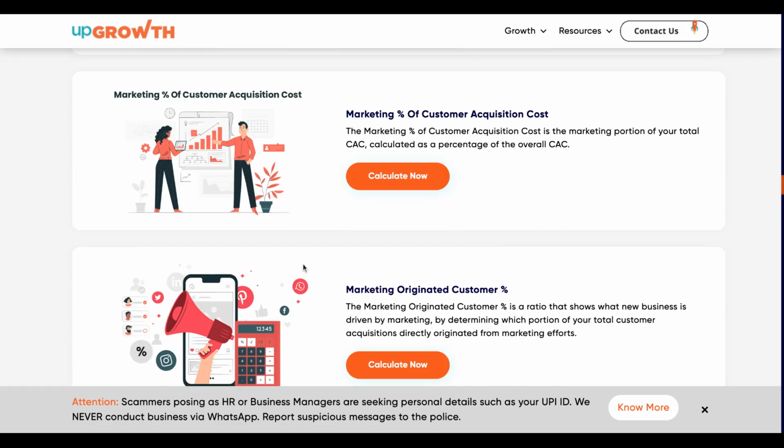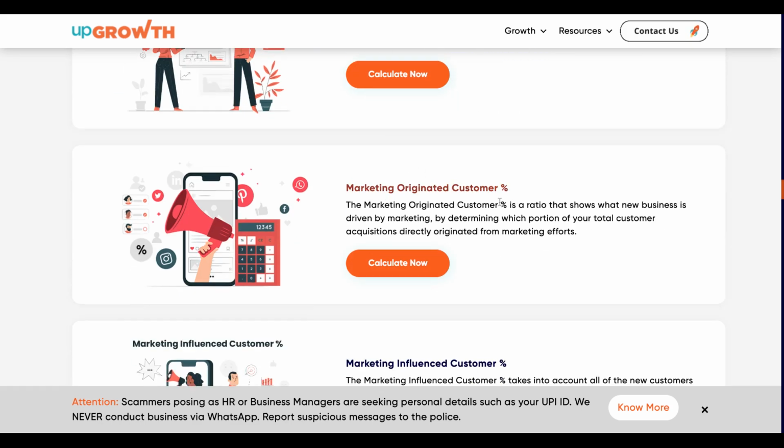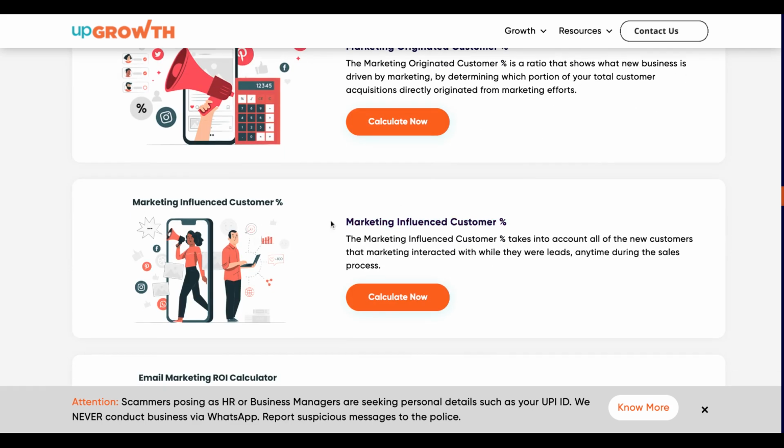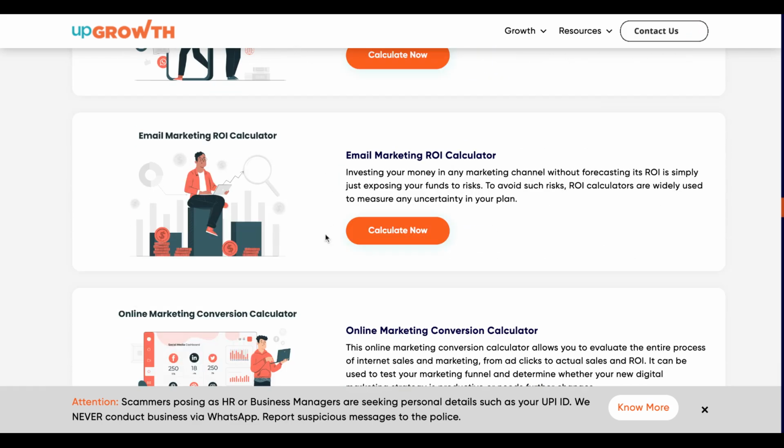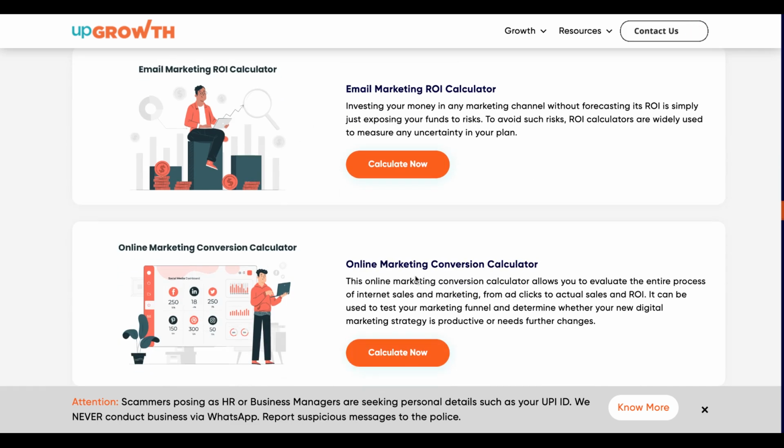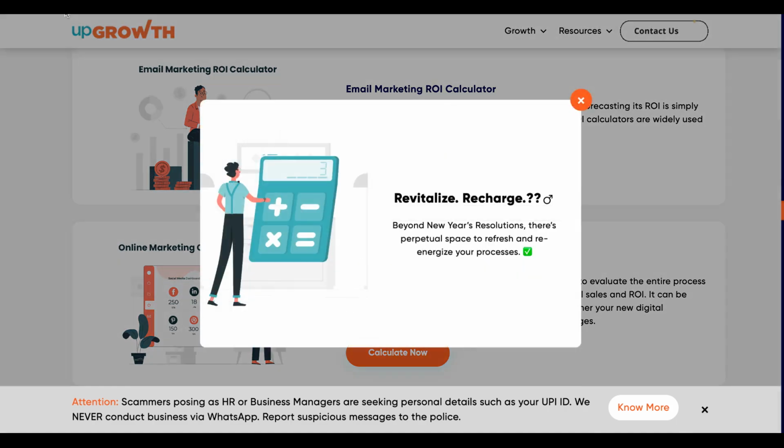So you can check out marketing percentage of customer acquisition cost that we are currently visiting, marketing originated customer percentage, marketing influenced customer percentage. Then we have also subsets of email marketing, online marketing conversion calculator. So feel free and do check out these from upgrow.in.